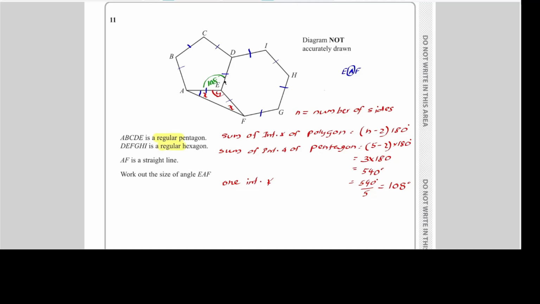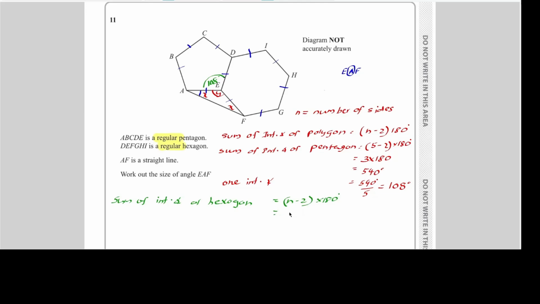Right? Same way, let's get one interior angle of a hexagon. Let's get the sum of the interior angles of a hexagon equals n minus 2 times 180 again.